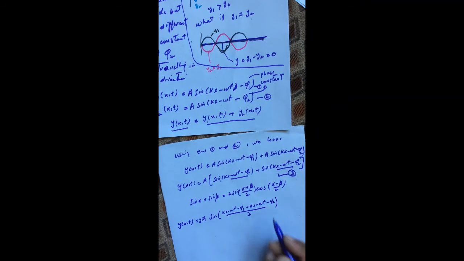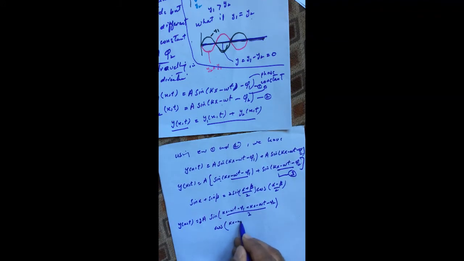And then we have cos of alpha minus beta over 2: alpha is kx minus omega t minus phi1, minus beta, which is minus kx plus omega t plus phi2, divided by 2.